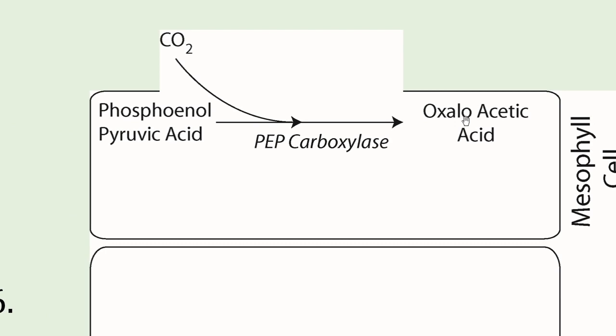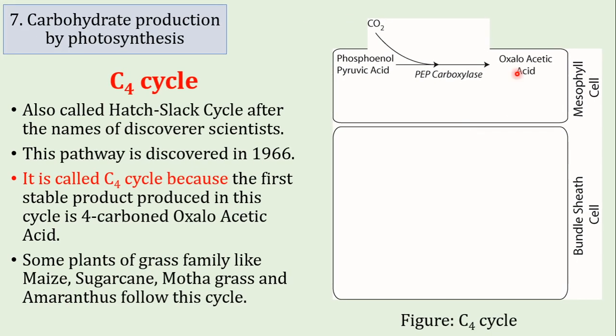That is the reason behind naming it the C4 cycle. This oxaloacetic acid turns into malic acid, and then it travels to the bundle sheath cells, where the malic acid is converted enzymatically to produce pyruvic acid, a 3-carbon compound.